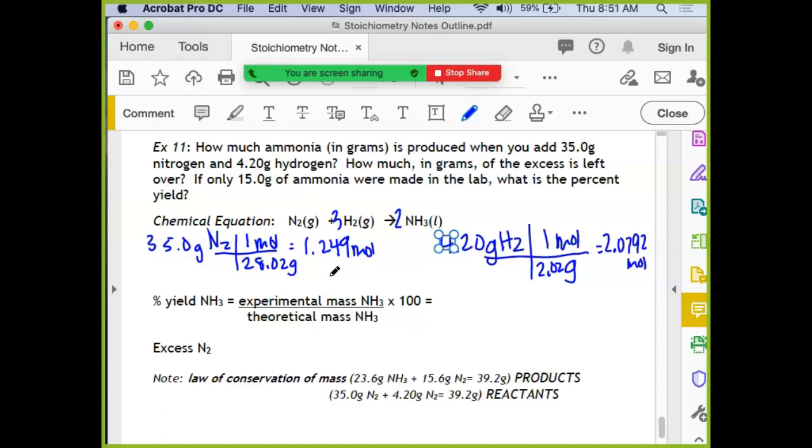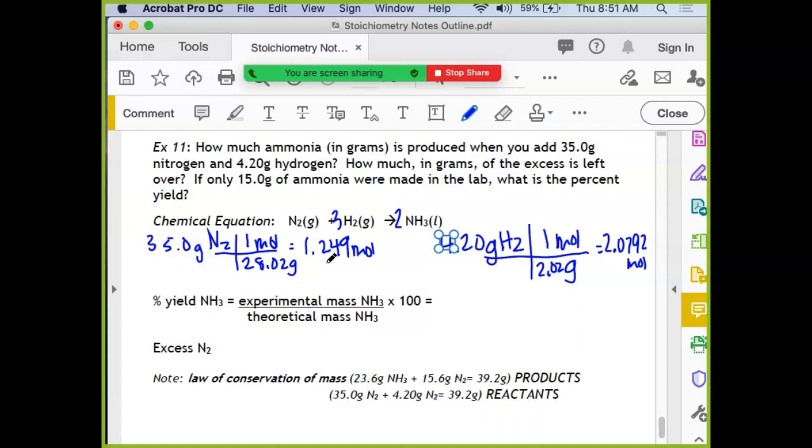Okay, now you have to be careful because you can't right now just look at this and say, oh, nitrogen is smaller, is less than this number, so it's my limiting. You have to consider mole ratios. You cannot compare them until you've considered mole ratios.